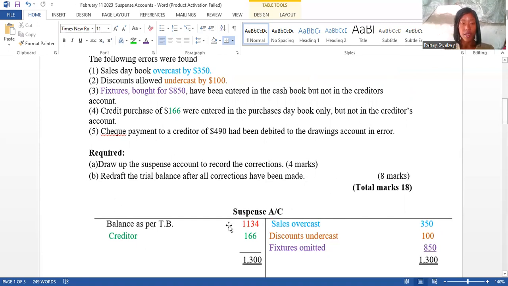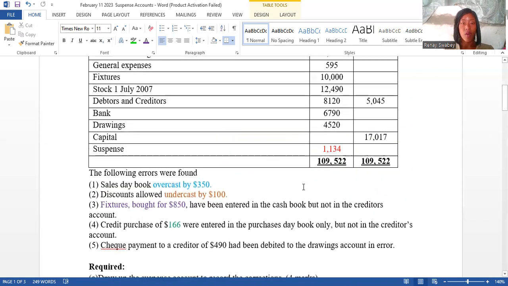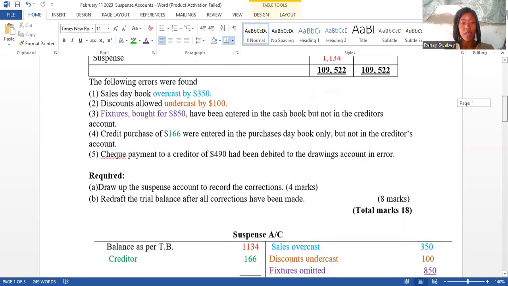All right, so our suspense account, this $1,134 is what we would have in our previous, or incorrect, trial balance. So here it is, suspense, $1,134. So therefore, we have to create a suspense account in order to correct the error here so that this trial balance can be balanced, right?